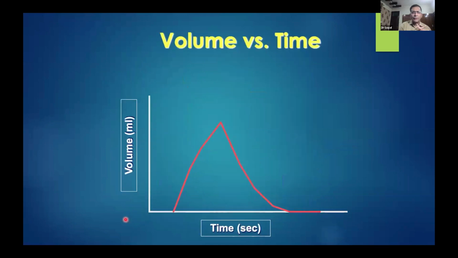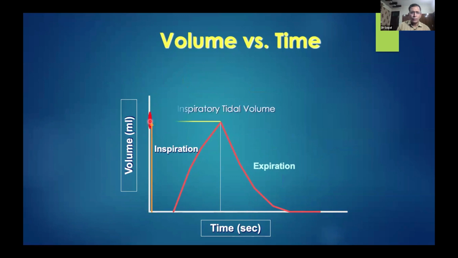Moving on to the first scalar graphic, this is volume-time. As displayed, the x-axis will be time and the y-axis will be volume, always remember. The graph will start off from zero, the baseline. It will go up and it will come down. The point of the peak from the onset is the I time, the inspiratory time.